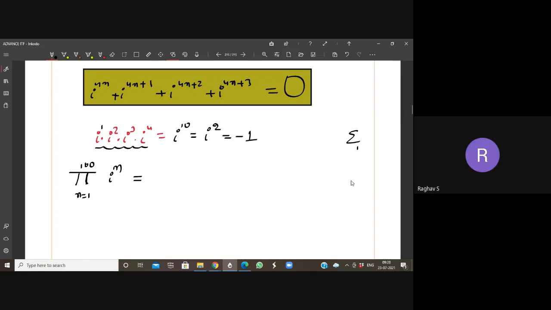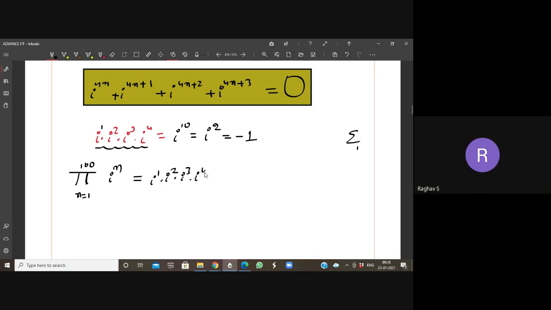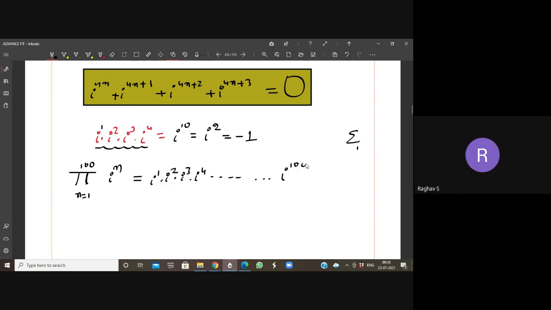This is nothing but i power 1, i squared, i cubed, i power 4 product, which is minus 1 power 25. So odd numbers are minus 1 only.